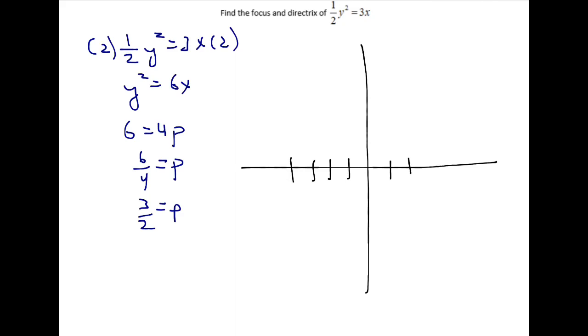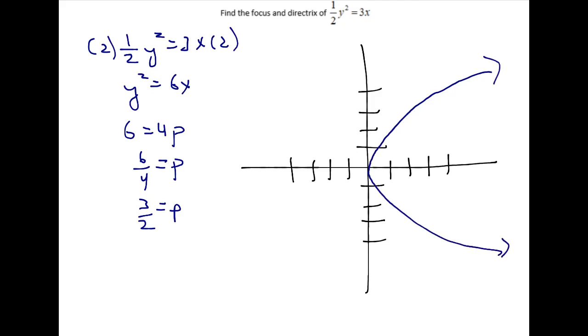Let's go ahead and do a rough sketch of this parabola. Let's draw our hash marks. Once again, we've already determined that this parabola is going to open to the right. In this case, just a rough sketch, but we know that the vertex is at 0, 0, and this is going to open to the right.